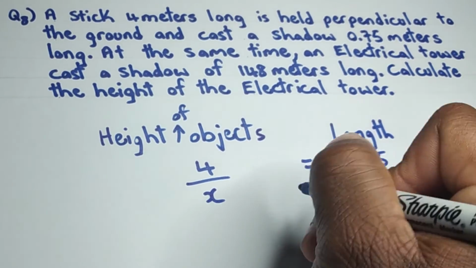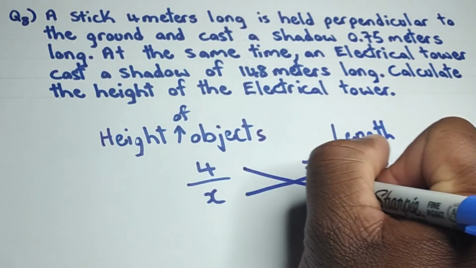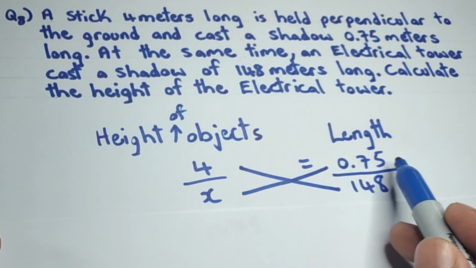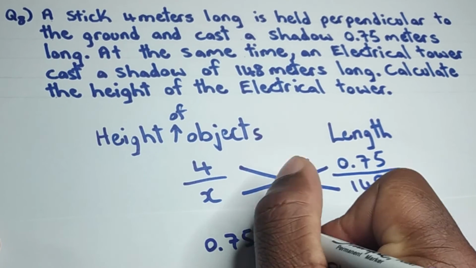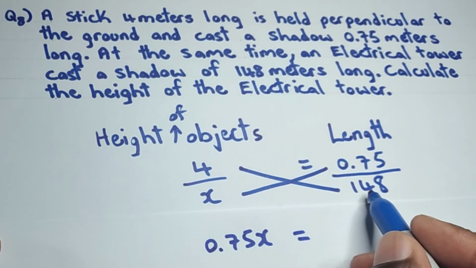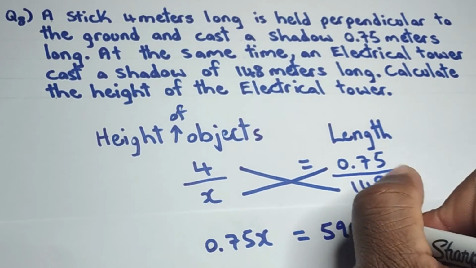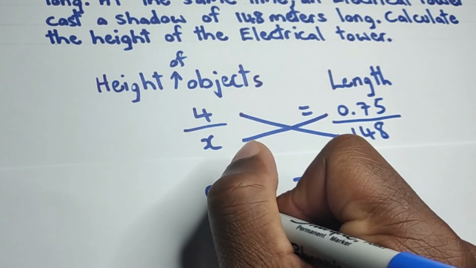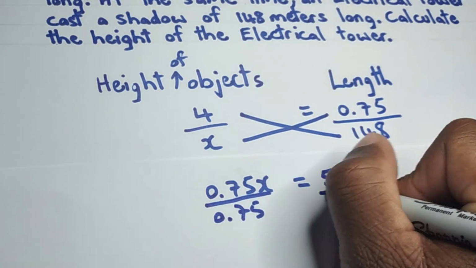As always, being that this is a direct proportional scenario, we can simply cross multiply here. So x times 0.75 will give us 0.75x, and 4 times 148 will give us 592. Now what we want to do is to divide both sides by 0.75.